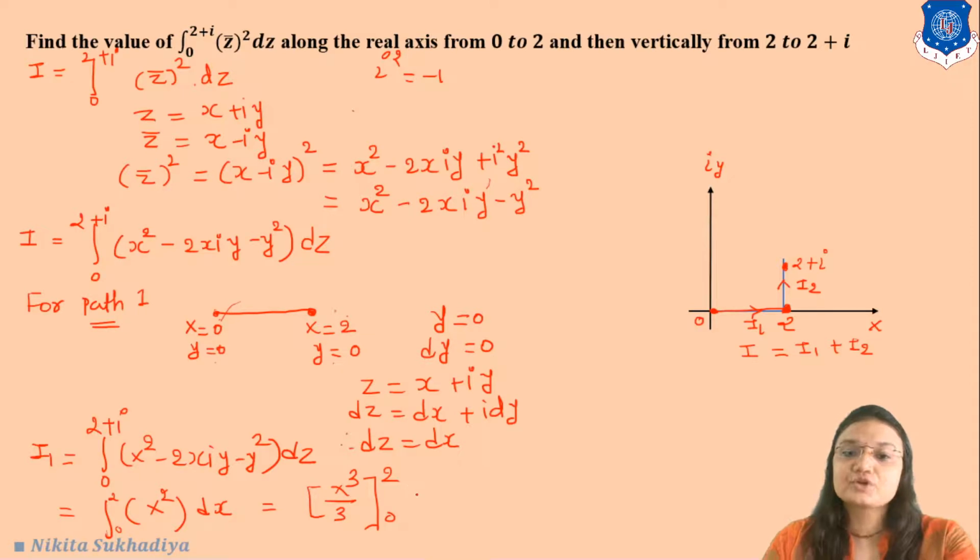Putting in the upper limit 2, we get 8/3. So this is our first answer along the line 0 to 2, that is 8/3.